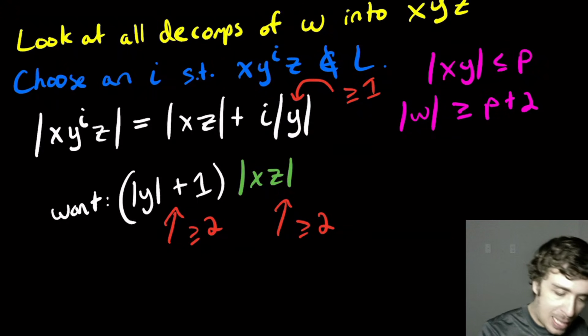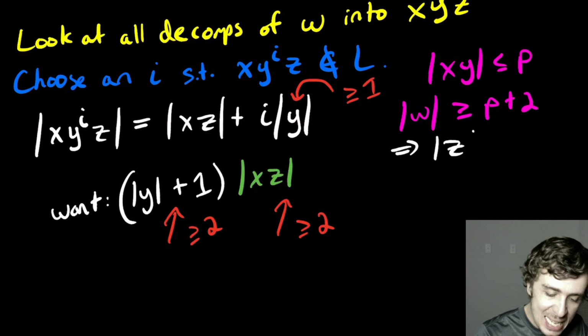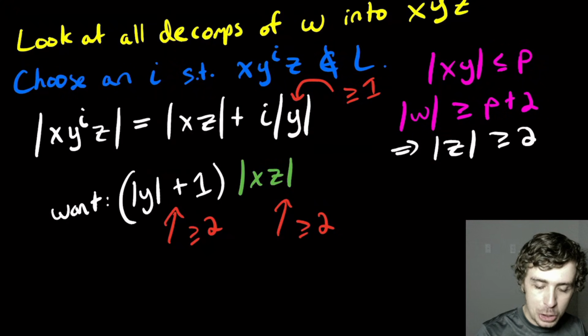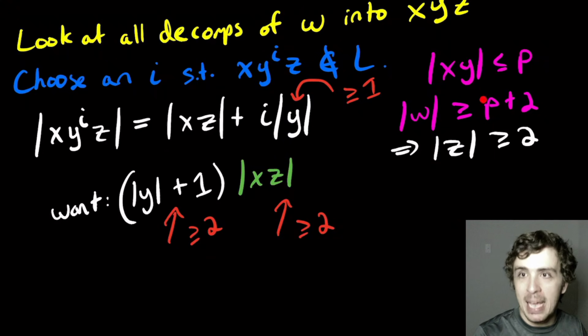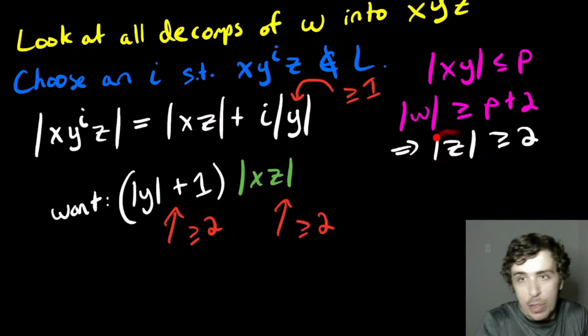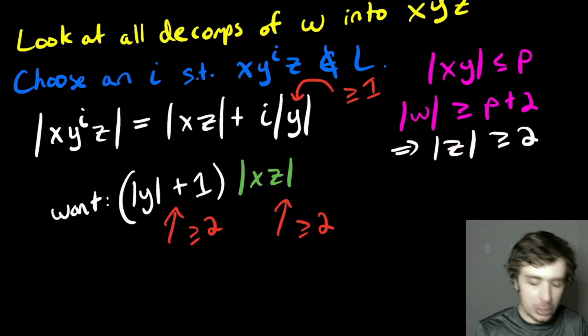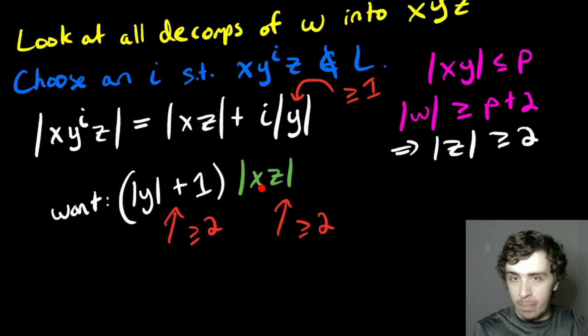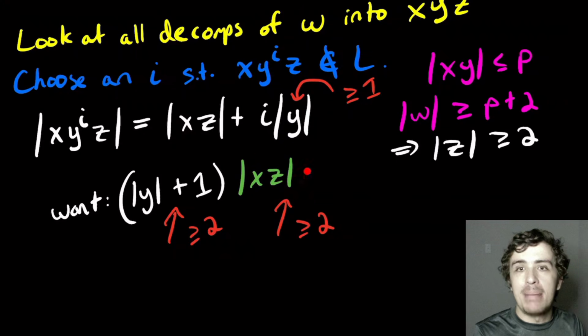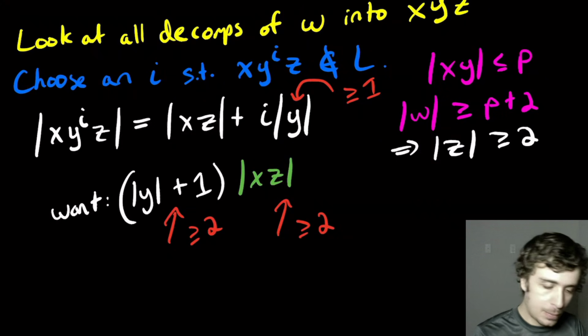That implies the length of z itself is at least 2. Even if xy took all p characters at the beginning, there are still 2 more left, and z is the only thing left in the string to take any characters. So the length of z is at least 2, and x may be empty, maybe not, but it doesn't matter. It's at least 2.